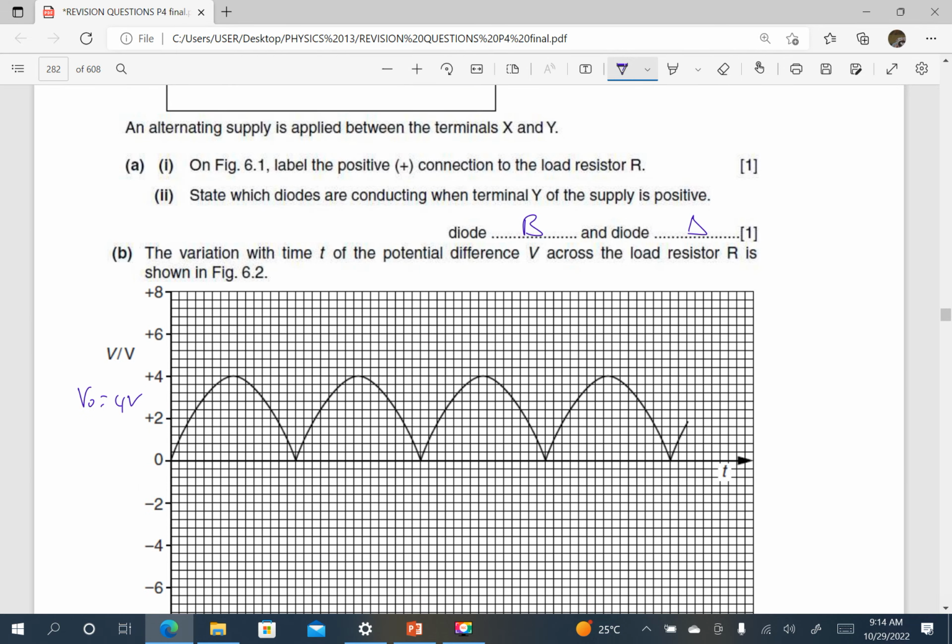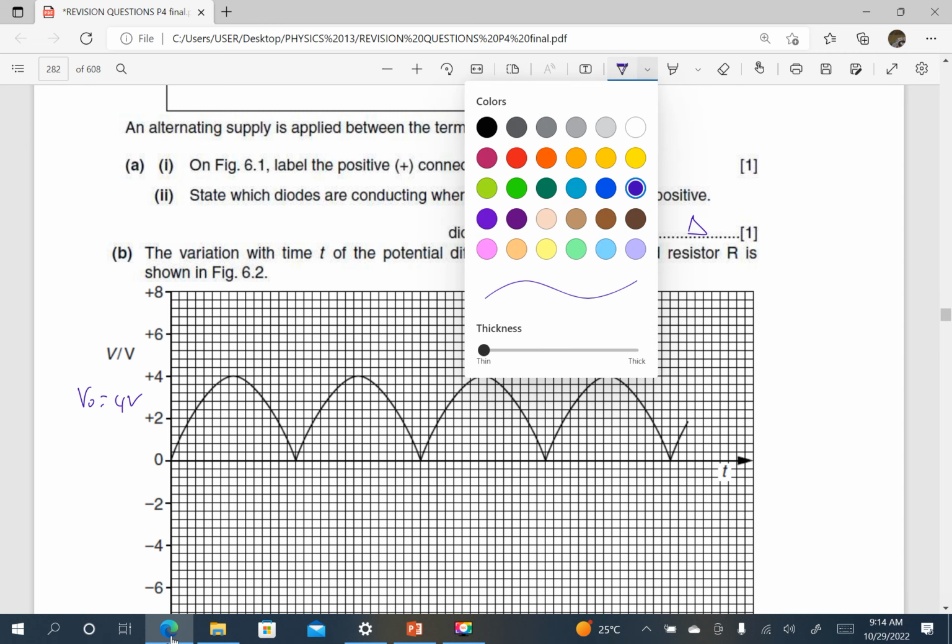We are now going to draw the variation with time t of the new potential difference across. Note that it is now half wave because diode A has stopped working. So let us assume maybe it fluctuates for the second half cycle.